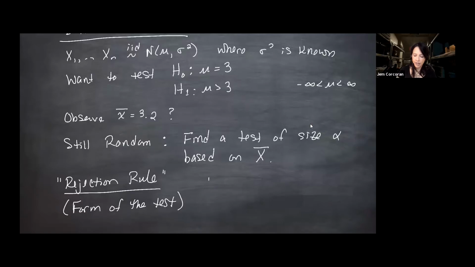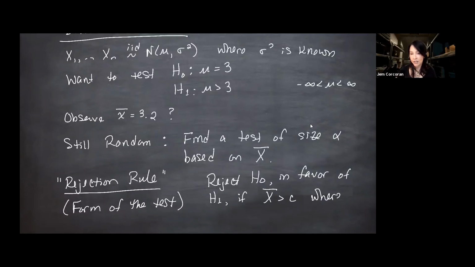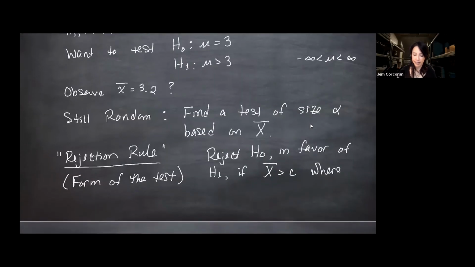It's going to be to reject the null hypothesis in favor of the alternative, which is important to say here because there's other possibilities in this parameter space. So in favor of H1, if X bar is greater than some number, which I'm going to call C, where C is determined to give a size alpha test.